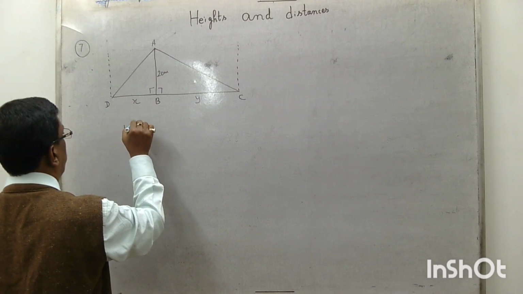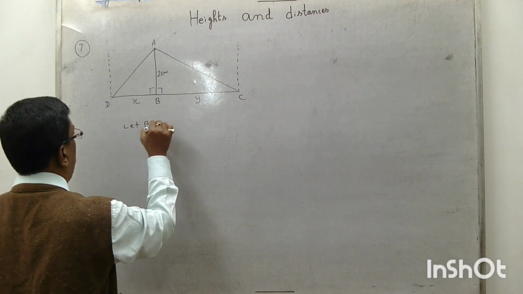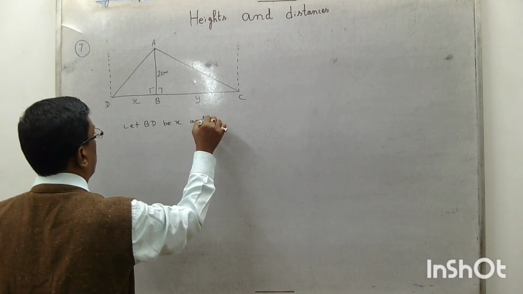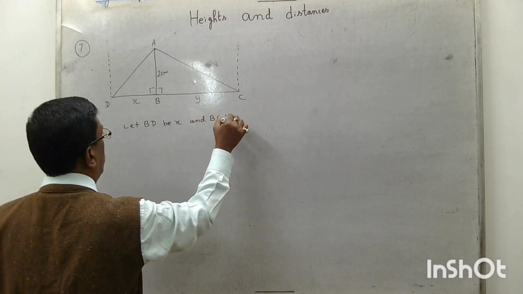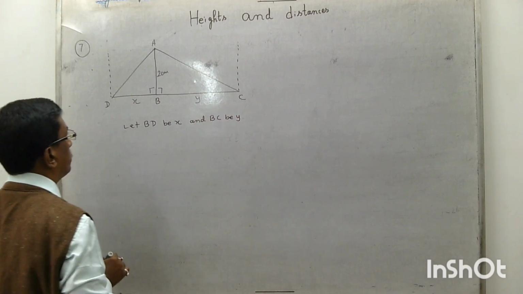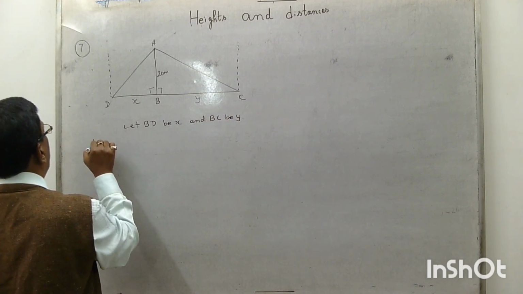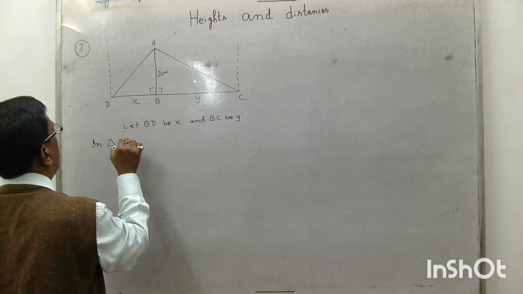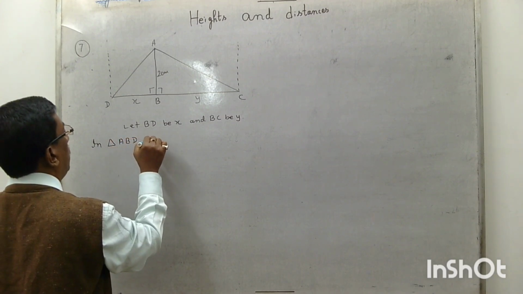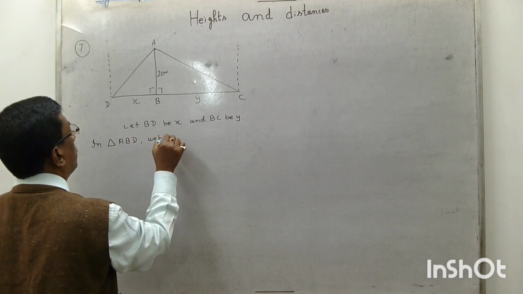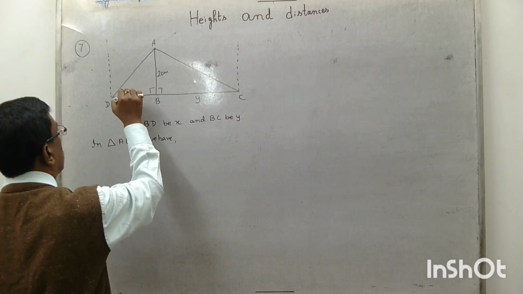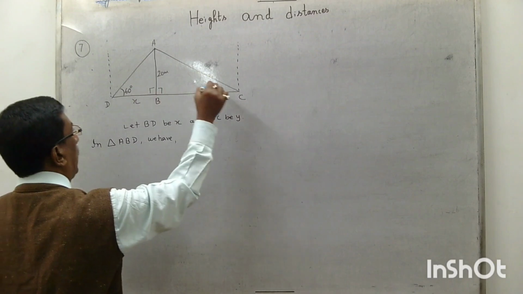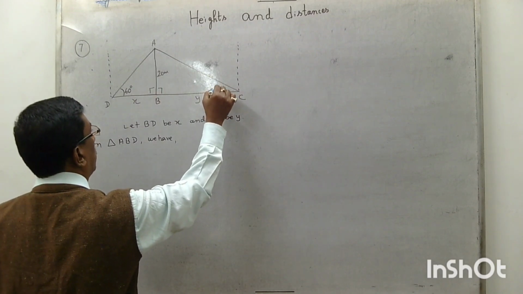Let BD be X and BC be Y. In triangle ABD, right angle triangle, we have, this is 60 degree and this is 30 degree.